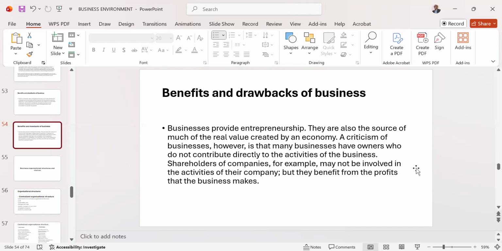For example, tell me one. Maybe a company that fails to train their employees, to take them on trainings, or to increase their salary, something. Yes, sir.